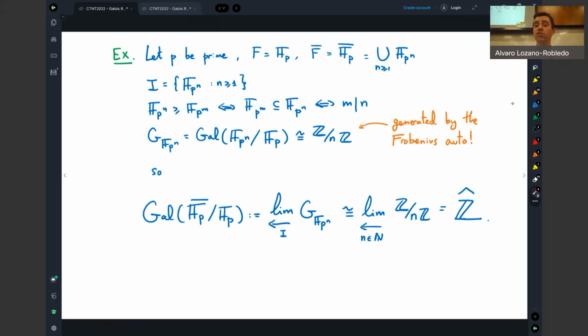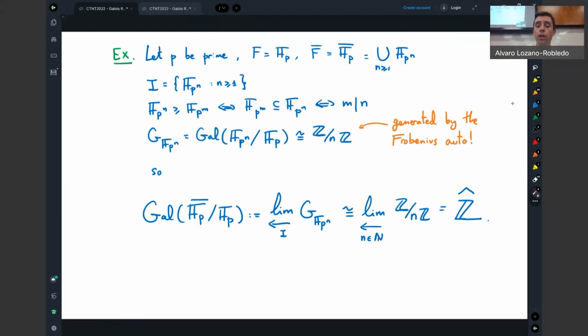By the way, that is generated by the Frobenius automorphism of this extension, and that means we can construct an inverse limit. That is what we define to be the absolute Galois group of Fp, and you can prove that it coincides with the automorphism group, and with the topology, it will be the Galois group.